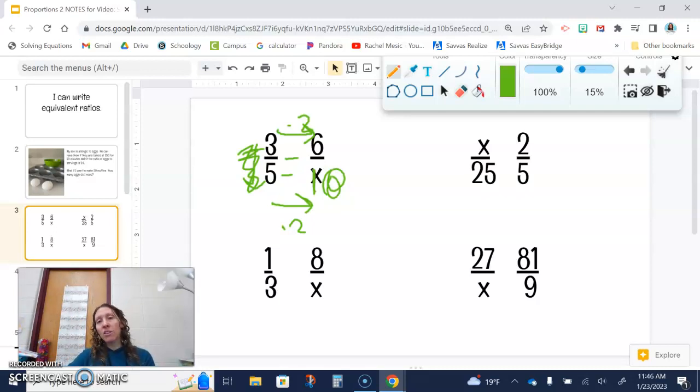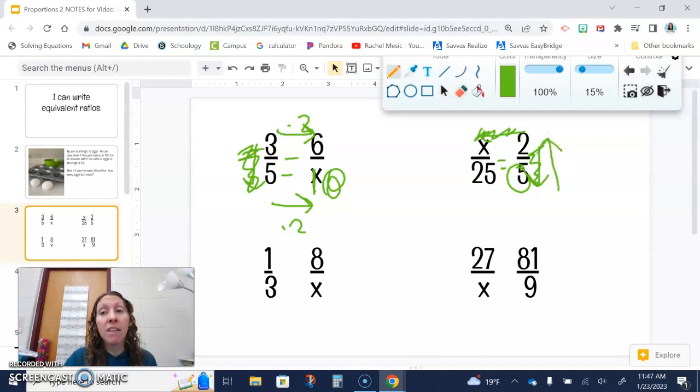All right, let's go to the right. Look at this next one on the top. x over 25 equals 2 over 5. I'm going to try the smallest number first, which is 2. And I'm going to ask myself, can I multiply it by anything going across or up or down? Well, I don't know what x is, so I don't want to go that way. 2 times something to get 5, that'll be a decimal, so I don't want to go that way. So since that doesn't work out, I'm going to go with the next smallest number, which would be 5.